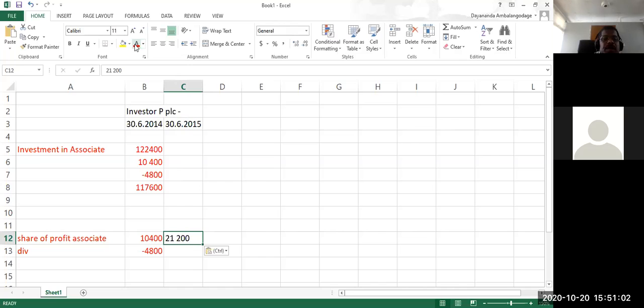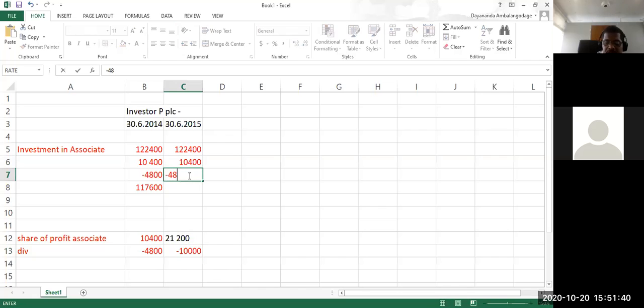Can you remember how you took it? Yes. Then the dividend is 10,000. So what happened? You start with 122,400, and you have to put the same entry, plus these two: 10,400 minus 4,800.